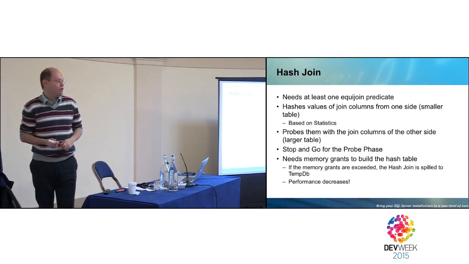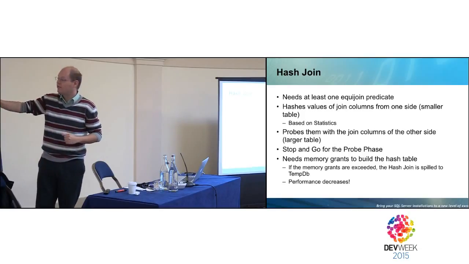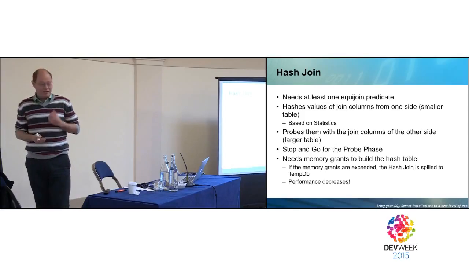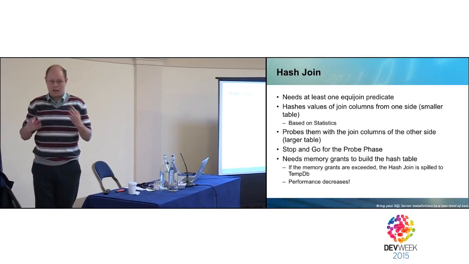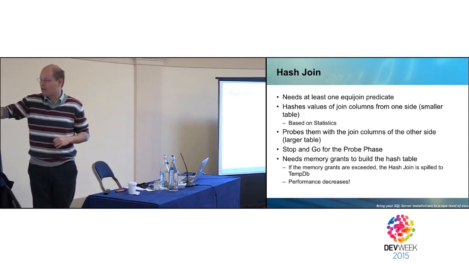A hash join always consists of two different phases. The first phase is a so-called build phase, and the second phase is the so-called probe phase. In the build phase, SQL Server takes the outer table, again the smallest table based on our statistics, and creates a so-called hash table.